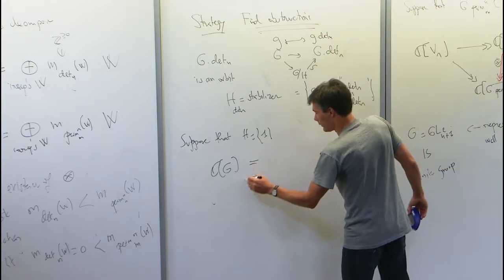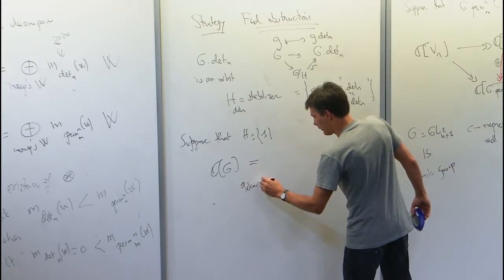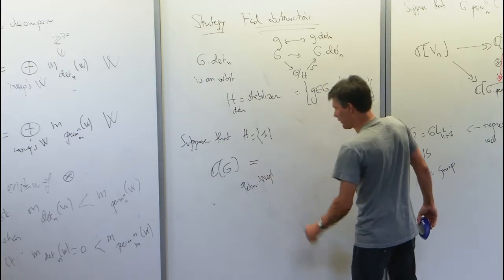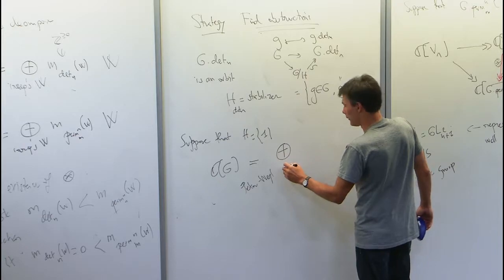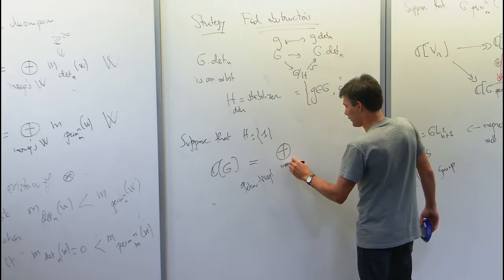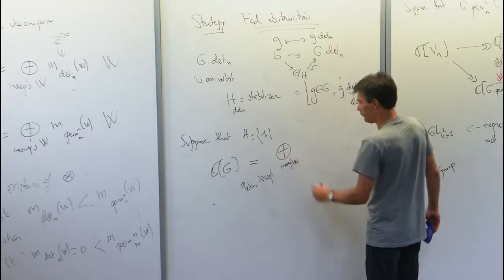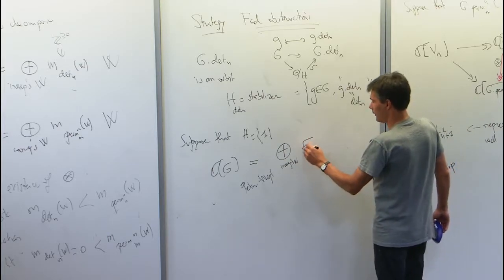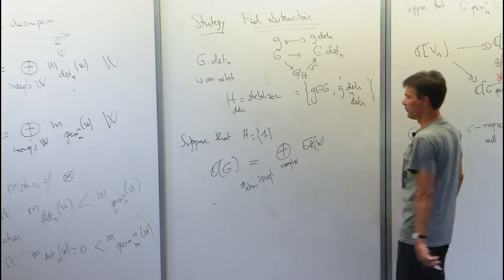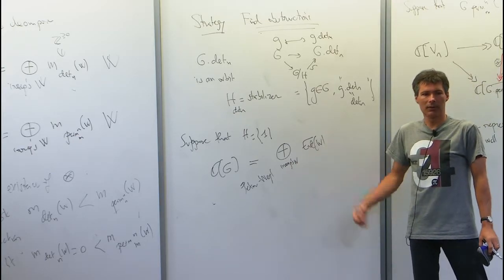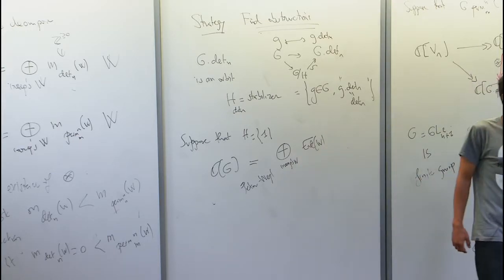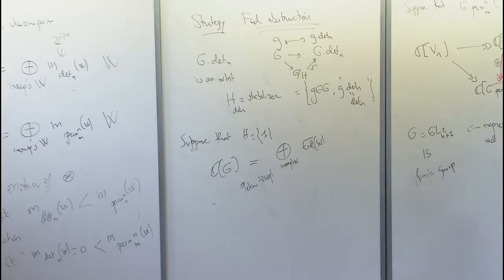So this is the well-known result due to Peter-Weyl, that this is the direct sum over the irreducible representations of the endomorphisms of W. Okay, so now we have infinitely many matrix algebras, but still the result is true in general.